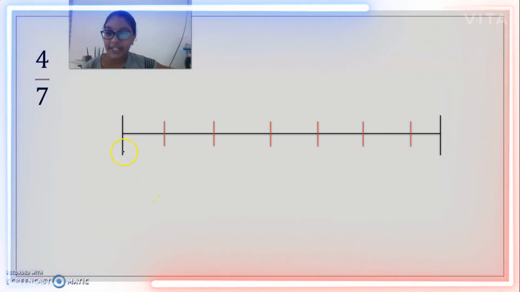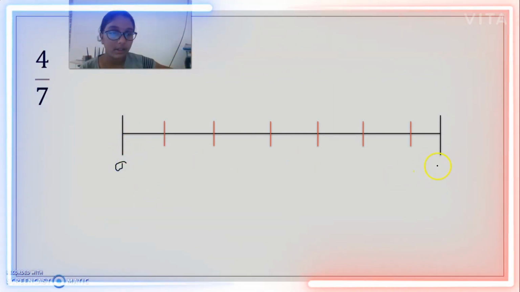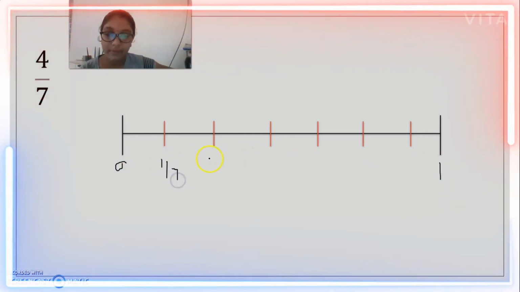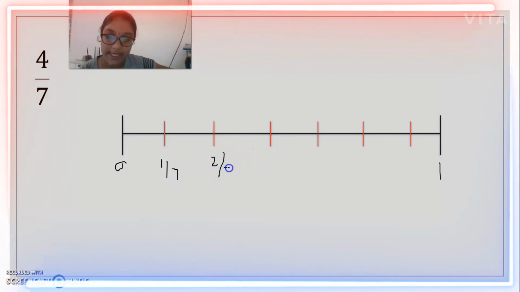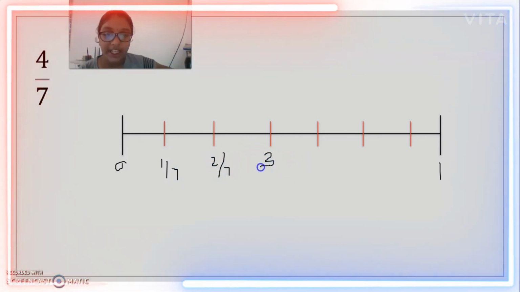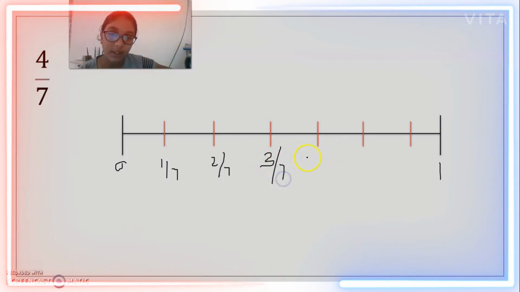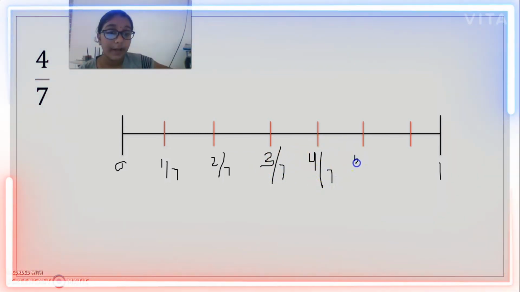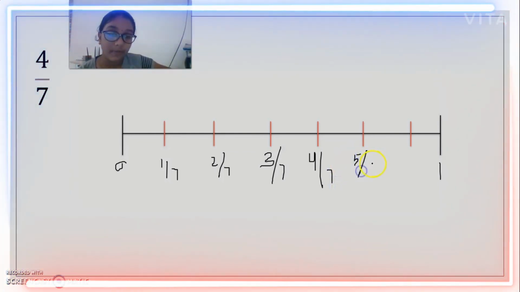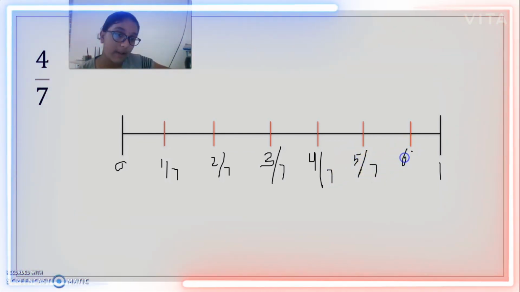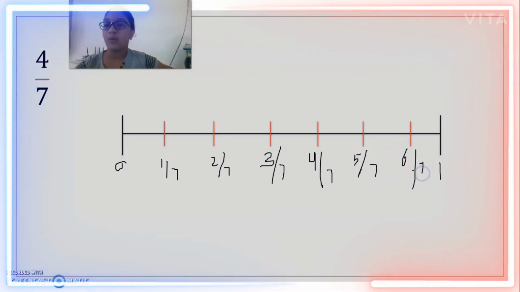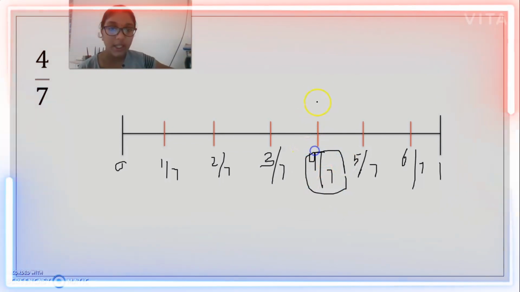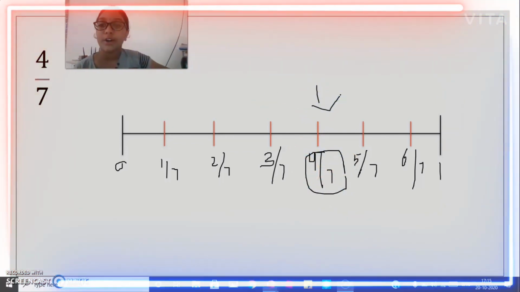Again, we've divided it, 0 and 1. 1 by 7, 2 by 7, 3 by 7, 4 by 7, 5 by 7, 6 by 7 and 7 by 7 is nothing but 1. Now where is 4 by 7? Right here. So here you will be marking your 4 by 7.